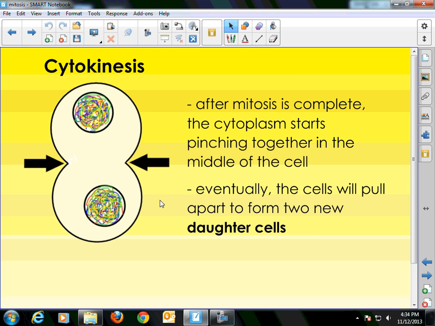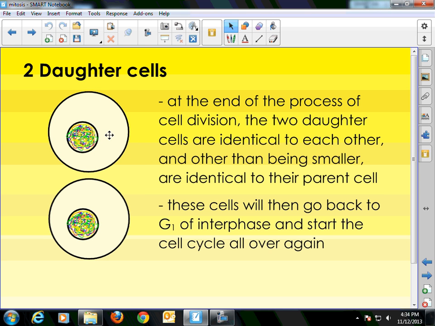It's called cytokinesis. At the end of this, we're going to form two new daughter cells, and they will look like this. If we compare these two, we can see they are basically identical. They have the same four colors in their nucleus: red, green, blue, and yellow. They're the same size. They have all the same instructions, and in all ways they're basically the same.